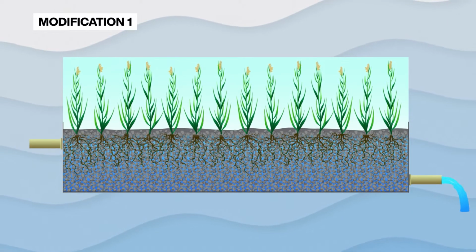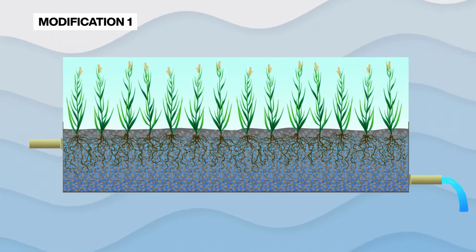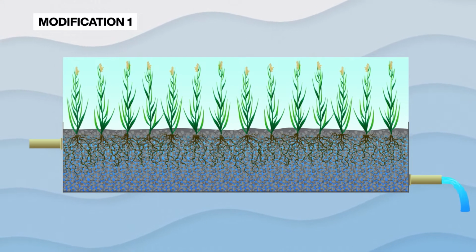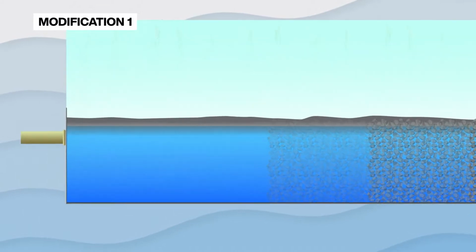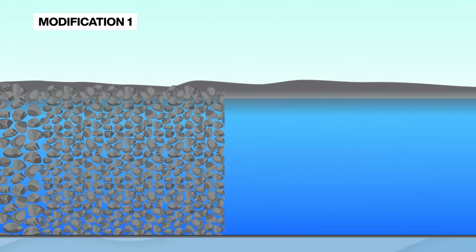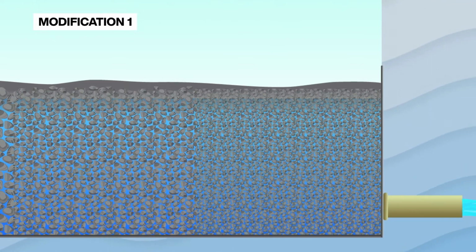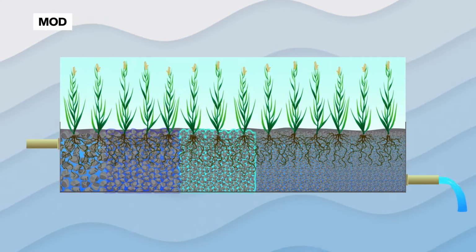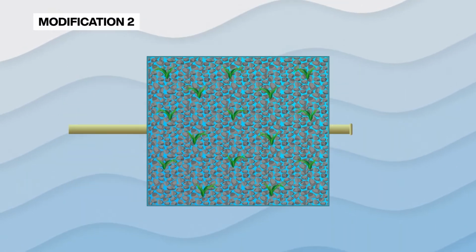You're right, as always. Now let me draw your attention to 3 modifications of the horizontal subsurface flow constructed wetland. Modification 1. Gravel of greater size is put at the inlet and smaller gravel is used as the main substrate. This helps to slow down the clogging process of the constructed wetland. Modification 2.